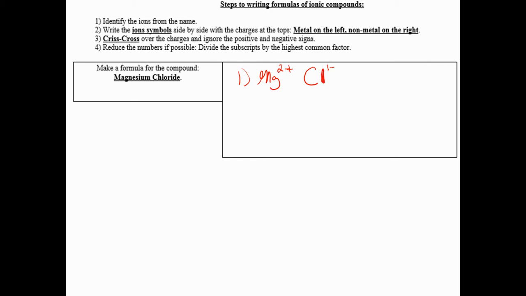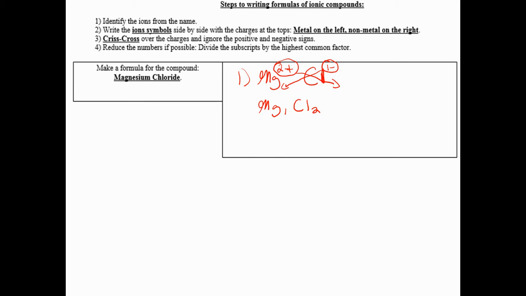and what we do is we crisscross. We take this, bring this down here, take this, bring this down here, and we get Mg1Cl2. Notice the charges are gone as well, because in the final formula, you do not have charges.